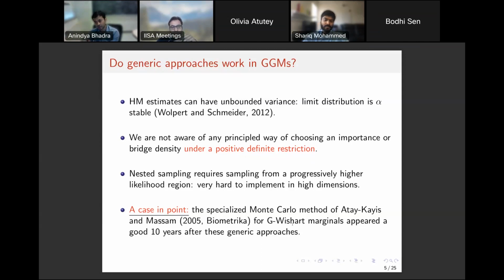If those had worked for Gaussian graphical models, there probably would have been no need for a Biometrika paper tailored specifically to the G-Wishart. But this paper can only handle the G-Wishart. It won't work with other kinds of priors.